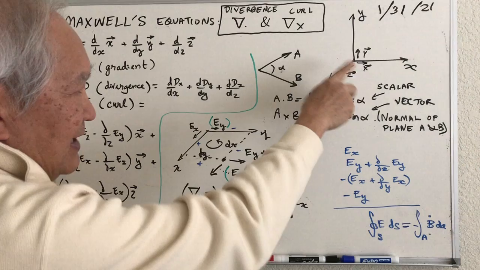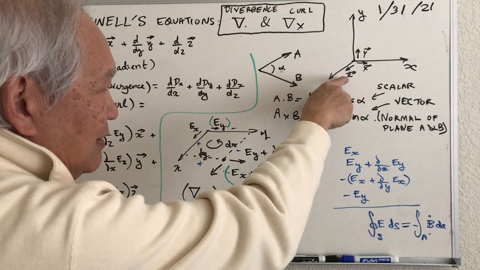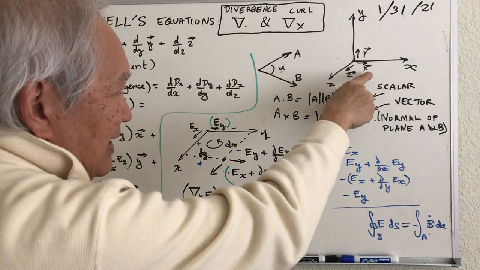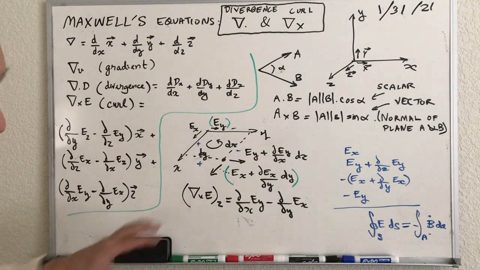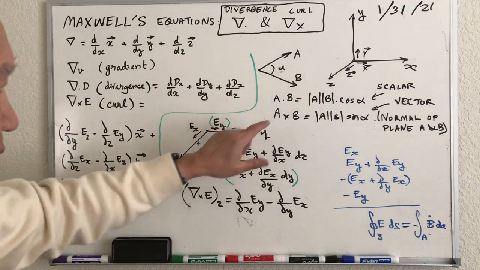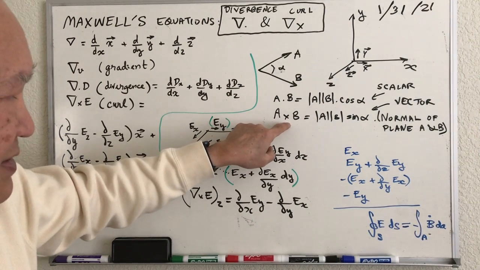So x times y equals z, but y times x will be minus z, which is the other direction.